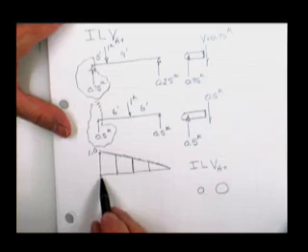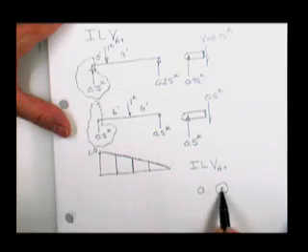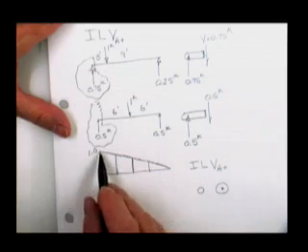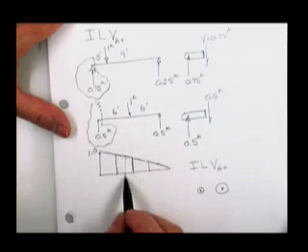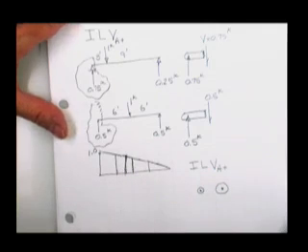And the final answer for the shear at A is how big is this wheel times 1 plus how big is this wheel times however far it is out. The sum of those two numbers will give you the total shear at A.